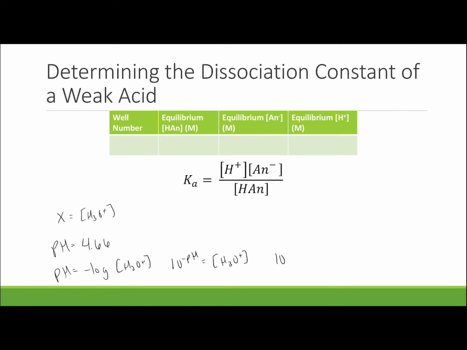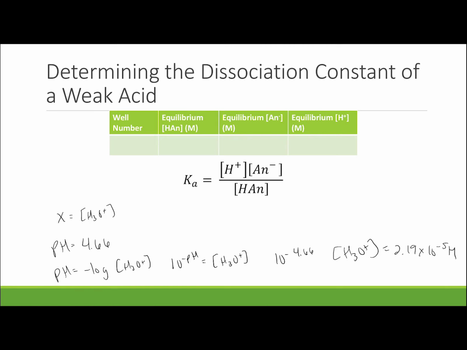So we're going to take 10 to the minus 4.66, and we get a hydronium concentration equal to 2.19 times 10 to the negative 5 molar.